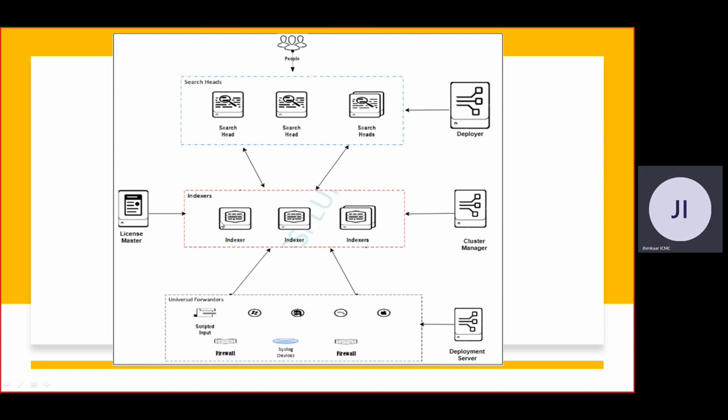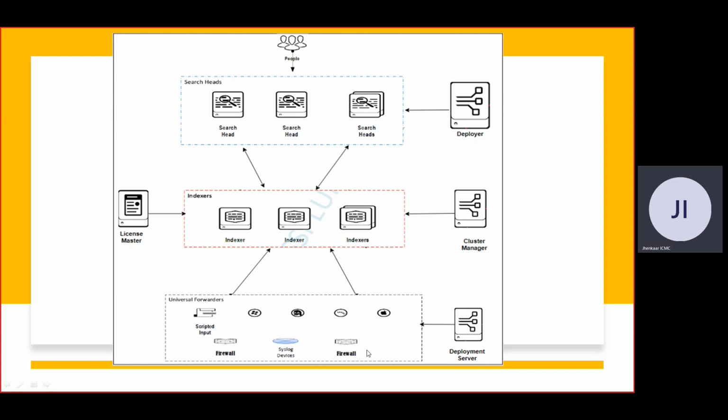How exactly is the data getting stored here? This is what I have shown here. These are all different universal forwarders, which means, let's say this is a Windows machine, this is a Linux machine, this is an Apple machine, this is a firewall, syslog devices, right? All these devices need to be configured with universal forwarders.